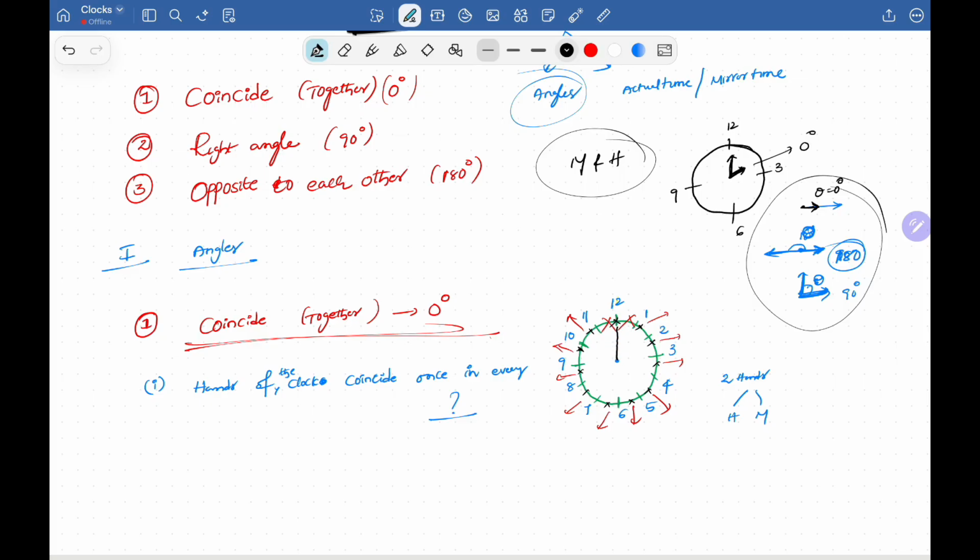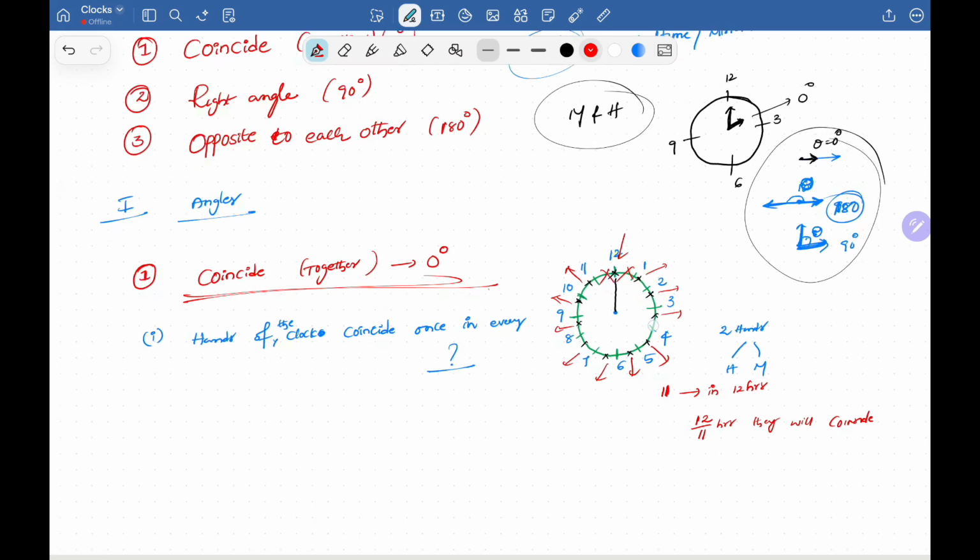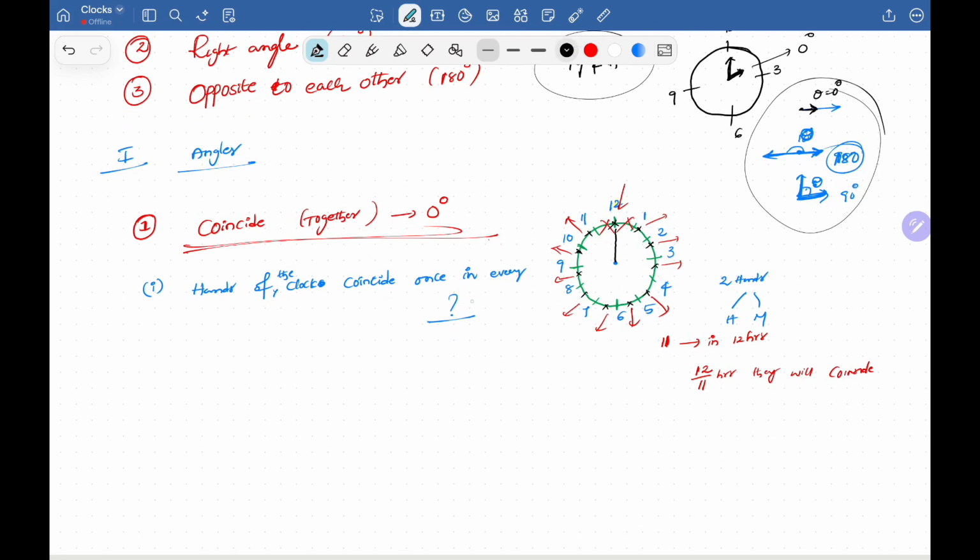In total, 11 times in 12 hours. So in every 12 by 11 hours they'll coincide. Never forget it.